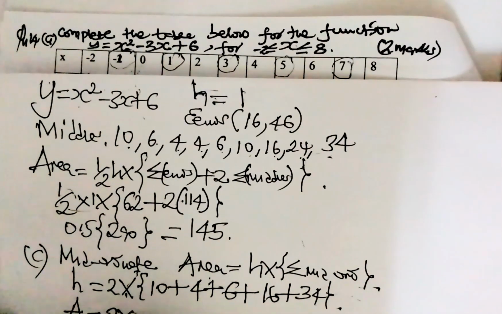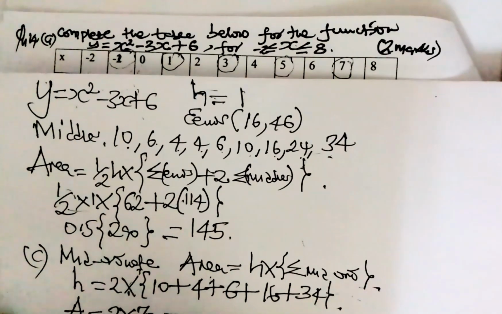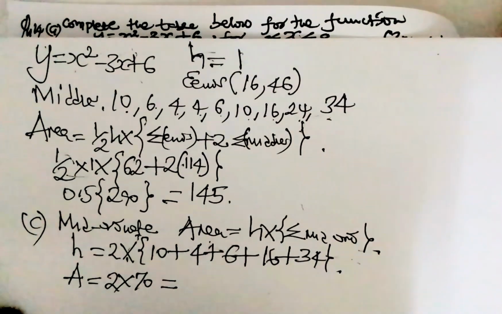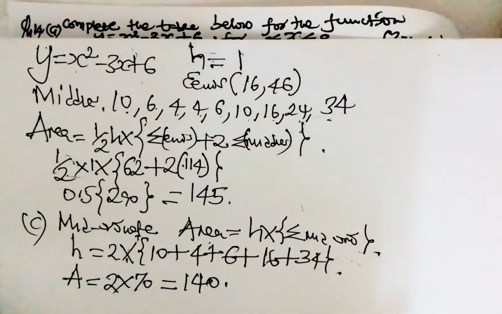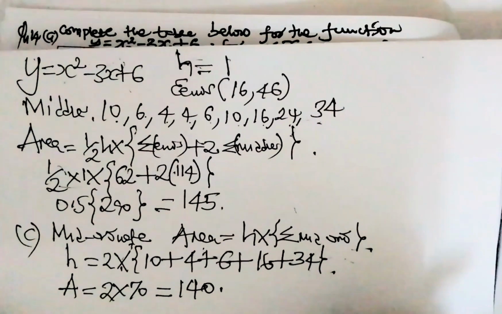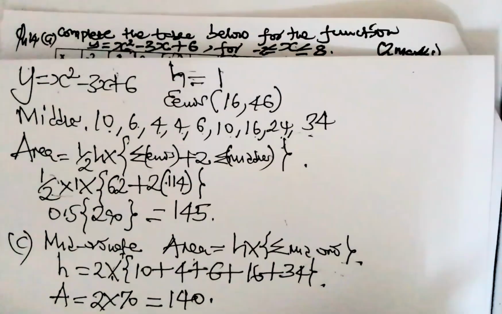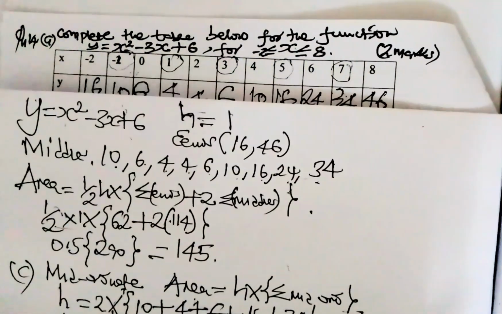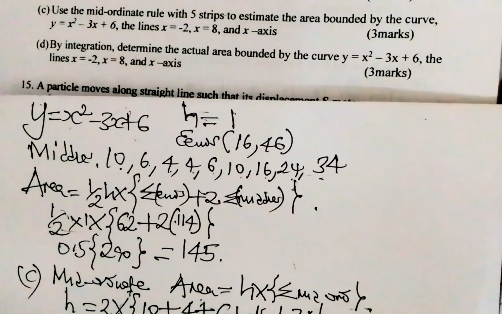So 2 times 70 is equal to 140. So that is the area using the mid-ordinate rule.